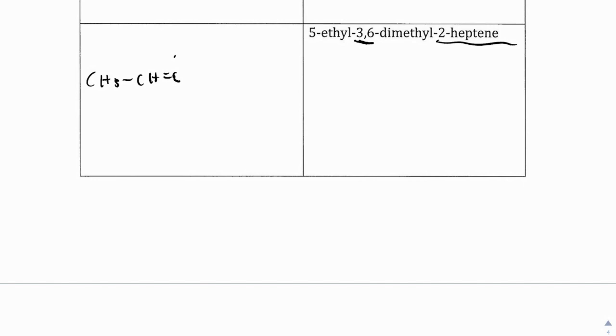Yes, sorry, kind of got confused there for a bit. Automatically I notice that on my 6th carbon there is a methyl group.